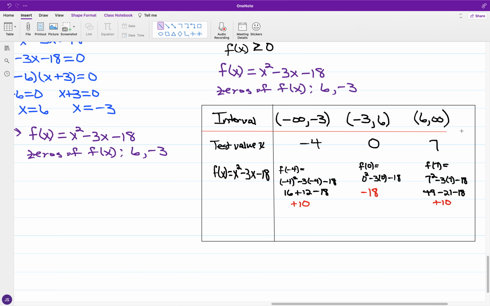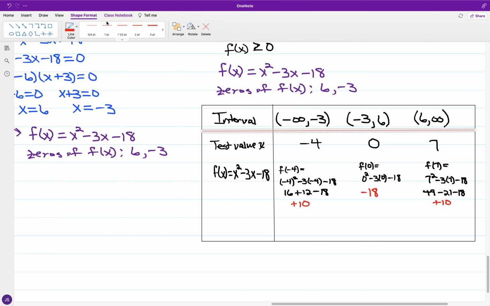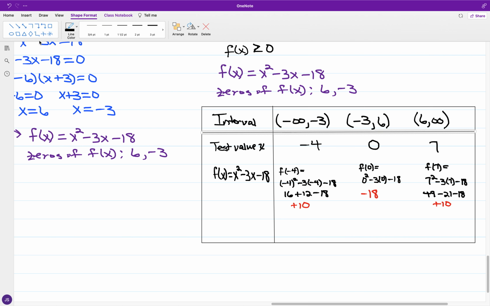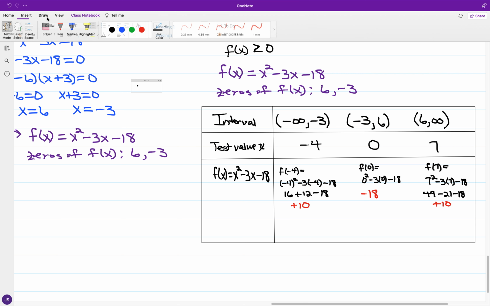So just looking at what we have in terms of the sign values, for anything that we select in x that is less than negative 3, we're going to end up with a positive output.